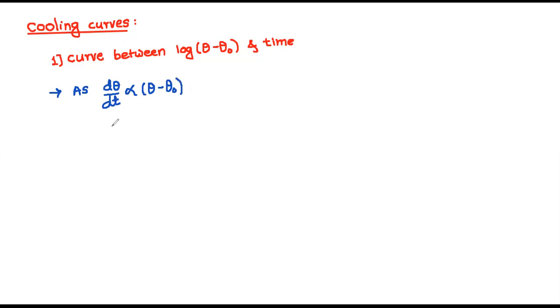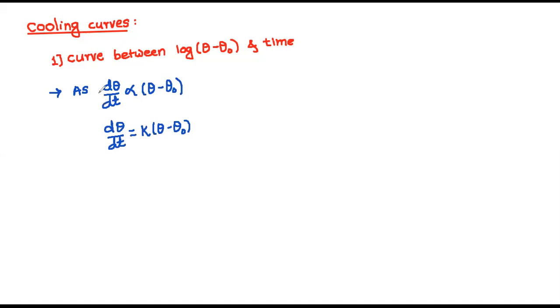Now what I am doing here, d theta by dt, adding one proportionality constant here, so this is k, and theta minus theta naught. Now this theta minus theta naught I am transferring here and dt that side. What I am getting, let's see.